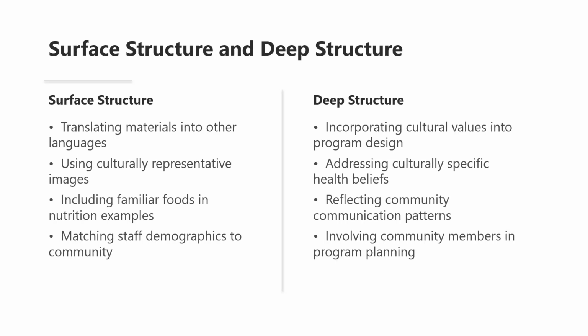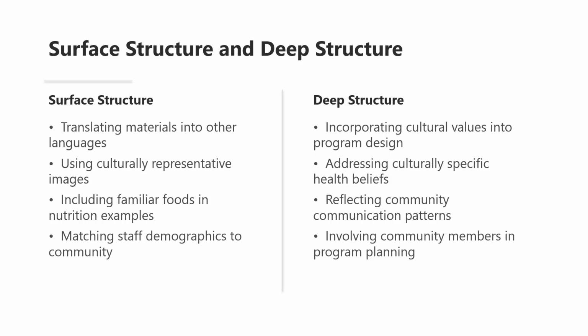When adapting health education programs for specific cultural groups, researchers distinguish between two levels of adaptation, and this distinction is really valuable for your practice. Surface structure adaptations involve making the observable, tangible elements of a program match the target population.